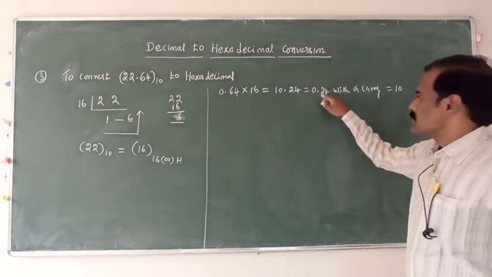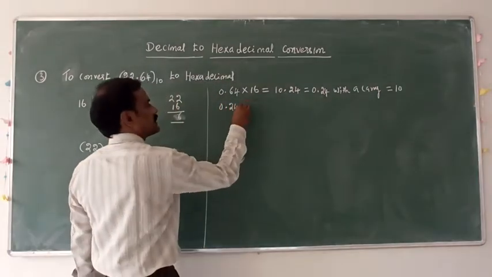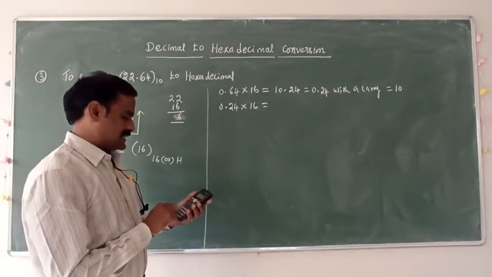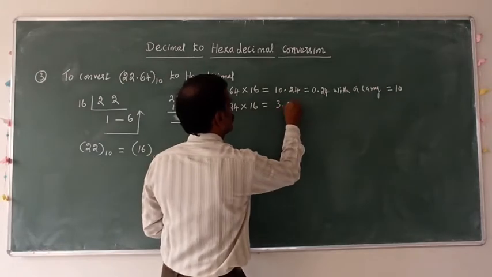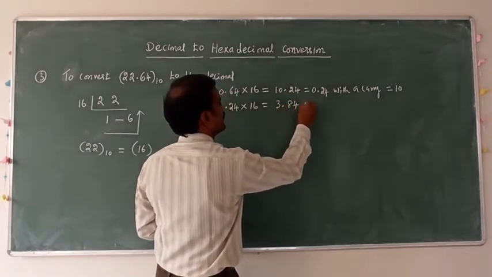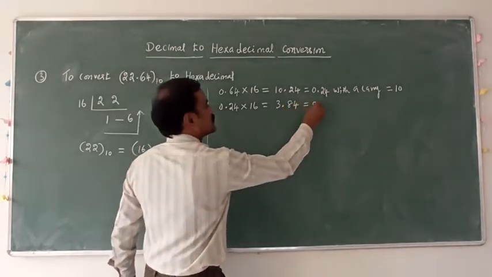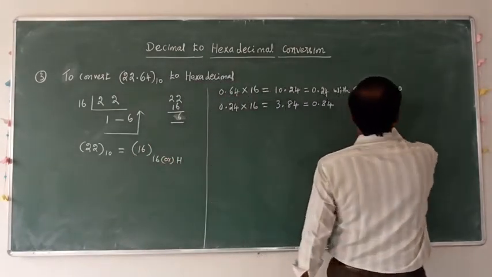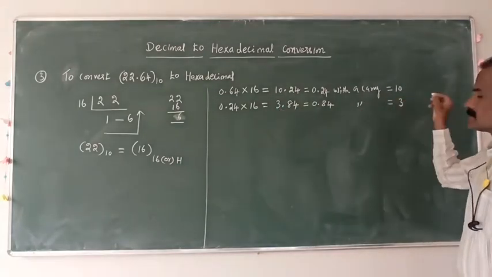Next, we take 0.24 into 16. Now the result is 3.84. Without the carry it is .84, and the carry is 3.